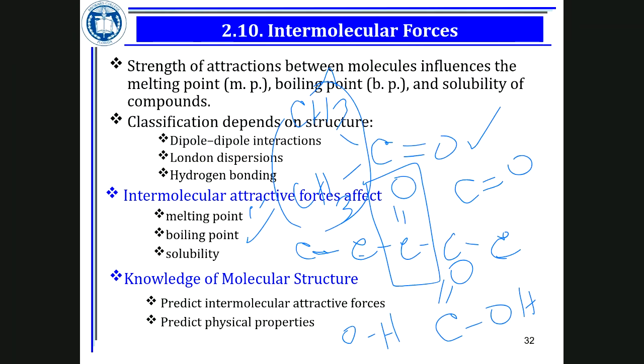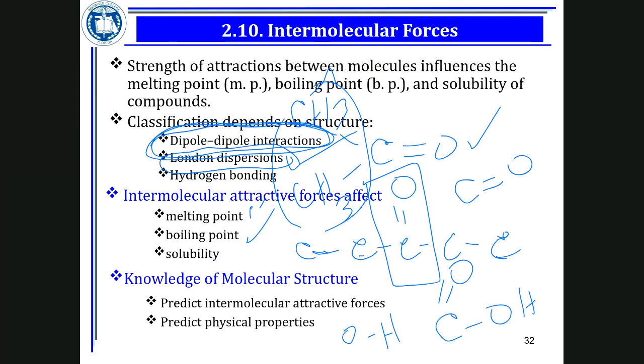The melting point, the same, because polar molecules are going to have dipole-dipole interaction as their intermolecular forces. So London dispersion is specific to nonpolar molecules. If your molecule is nonpolar, it is going to have only London dispersion intermolecular forces.